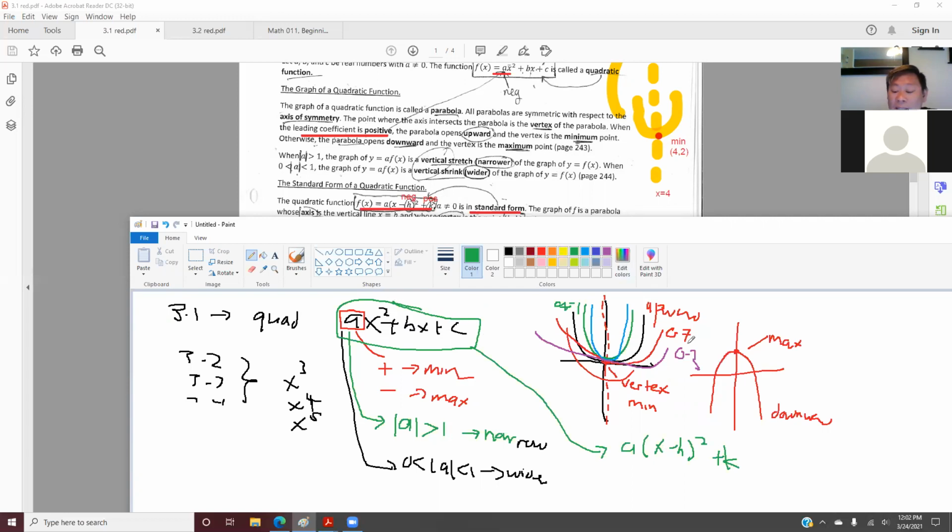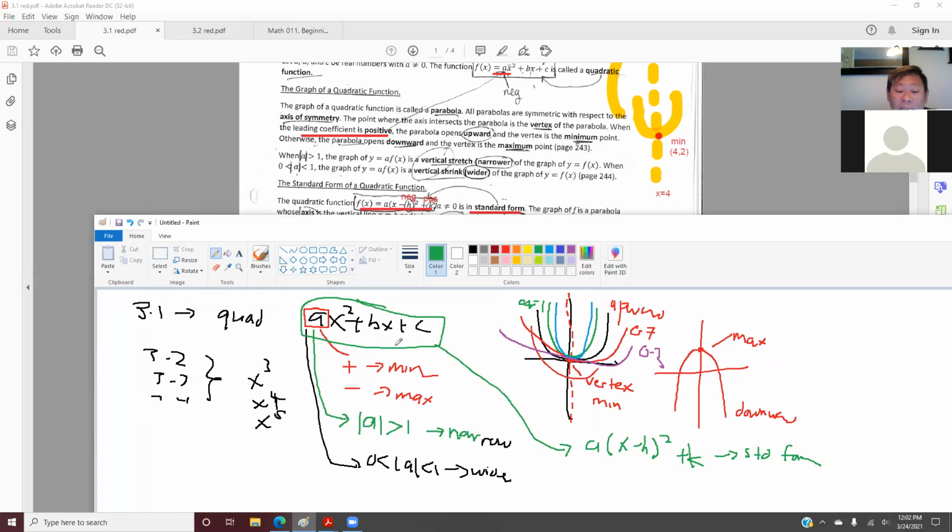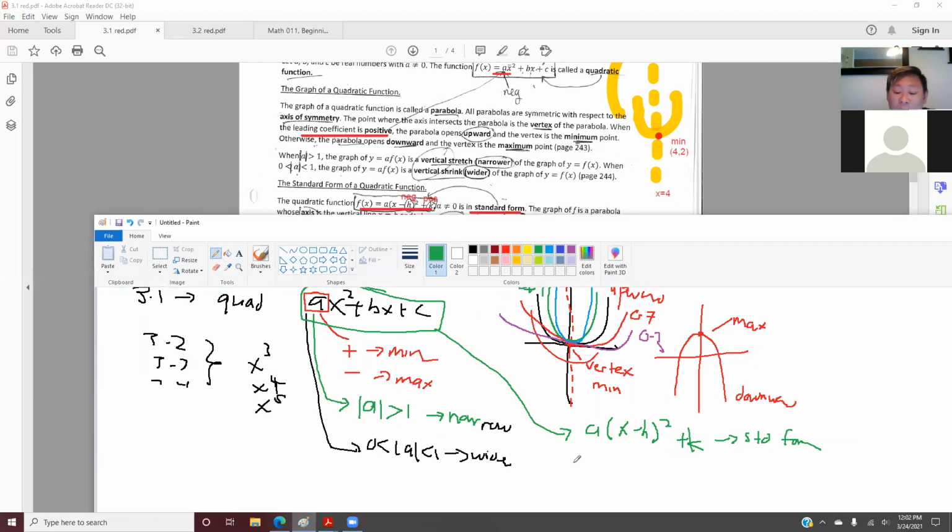Transforming this is called standard form. By transforming this into this formula, you can tell me your vertex. Your vertex in this case is (h, k). And don't forget the sign here is now minus and the k here is plus.